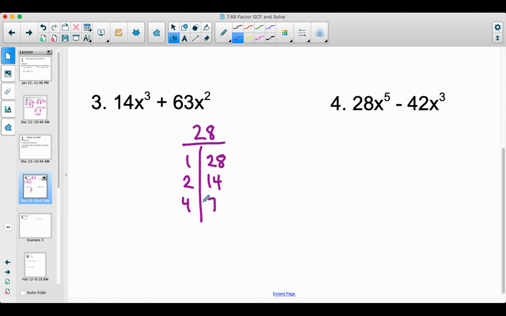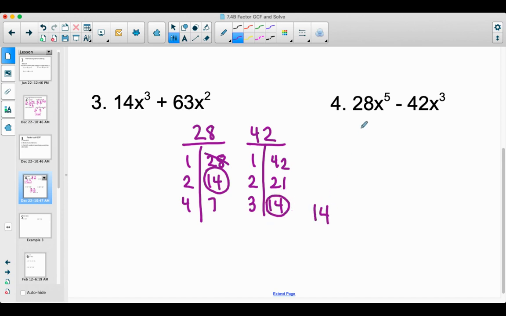And then if we look at 42, we know 1 and 42, 2 and 21, 3 and 14. And notice, 28 is not, but notice we have a 14. So 14 is our largest one.